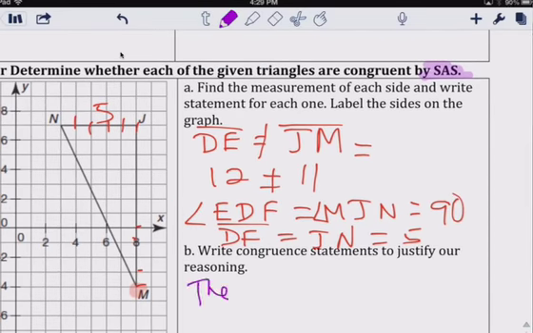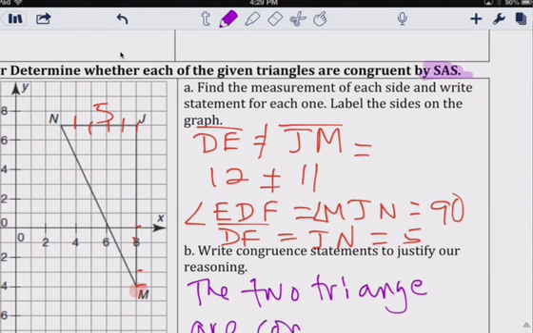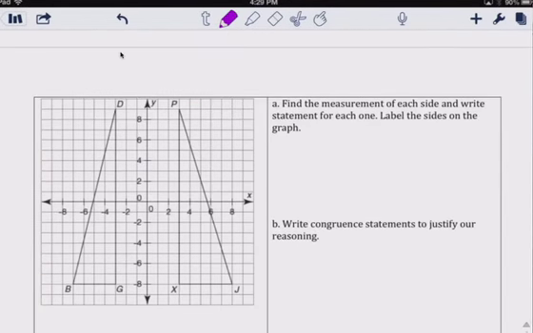The two triangles are not congruent because one side is different. Okay? Alright. Well, this one looks congruent to me.